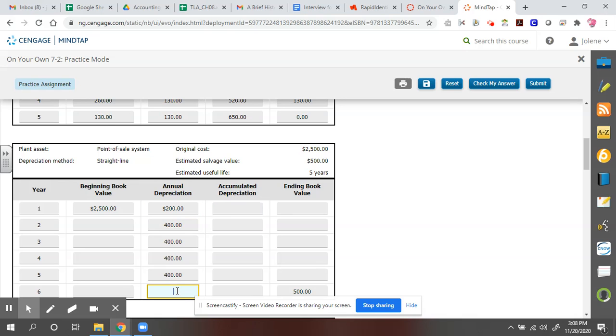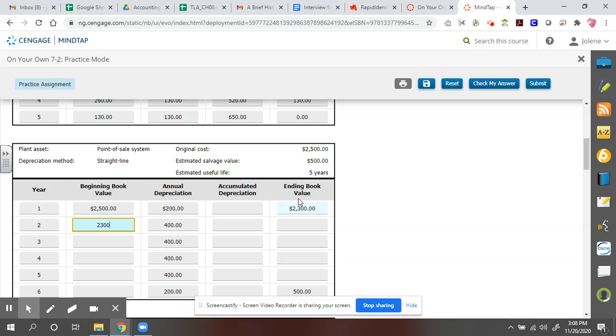The other half of the depreciation is in the last year. Because they bought it in July, they're only using it from July to December, that's 6 of 12 months. All right, so 2,500 minus 200 is 2,300.